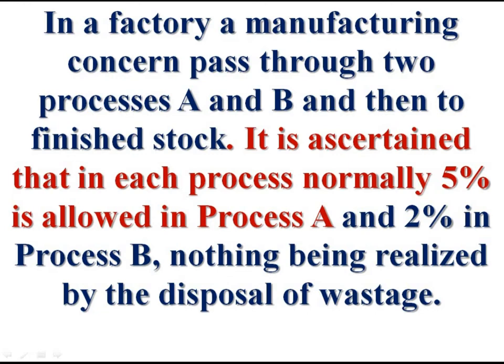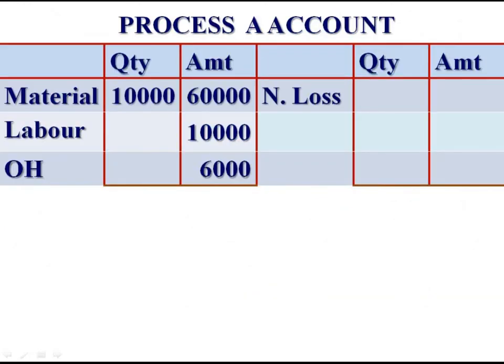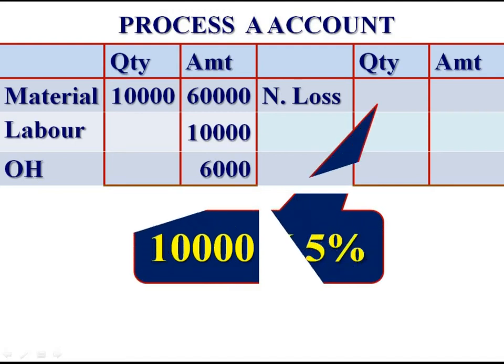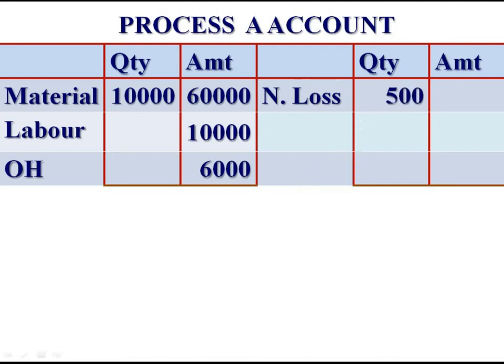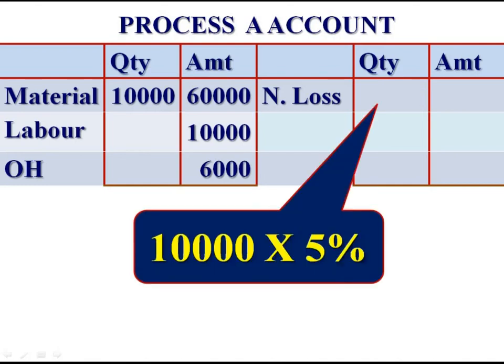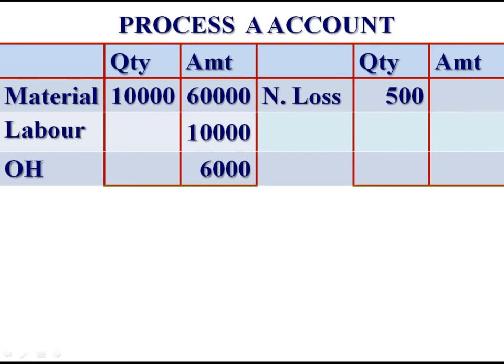It is 5% of input. Credit normal loss, 10,000 input into 5%, it is 500. As it is waste, there is no scrap value, so only in quantity column. Normal loss 10,000 into 5%, 500.